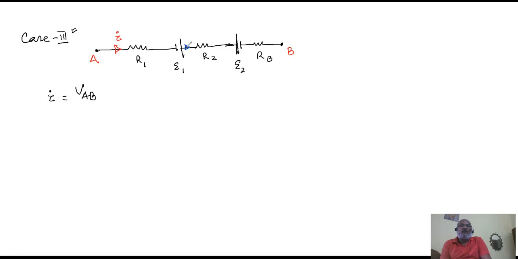So that imaginary current that the first battery would have made to flow matches with our main current I, both are in the same direction. So now you know the first battery is in a positive role, that is plus E1. Now you go down to the second battery.